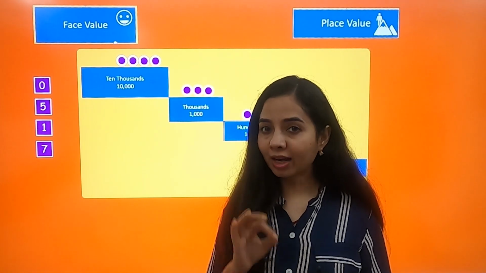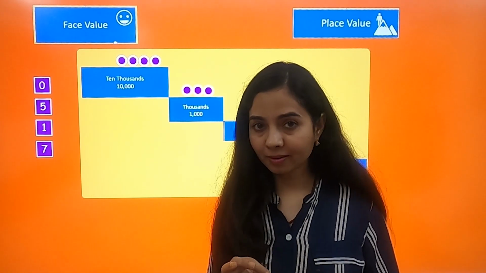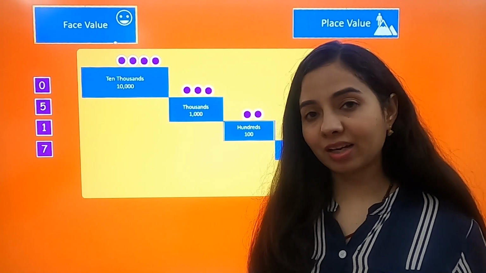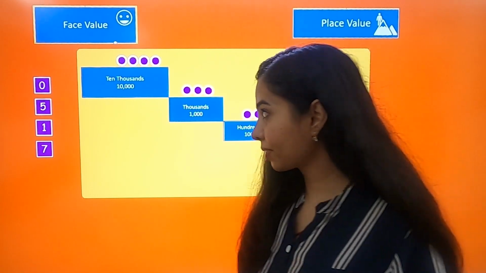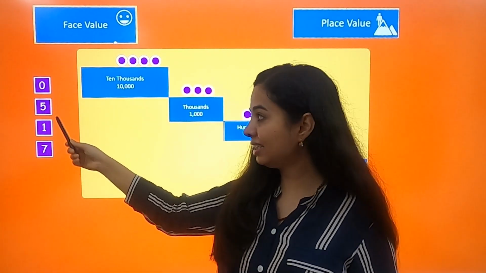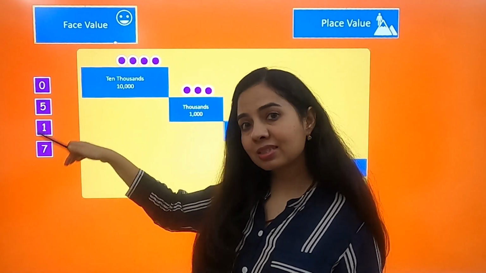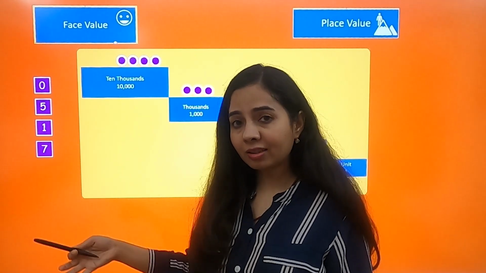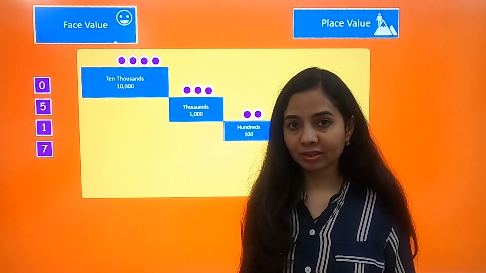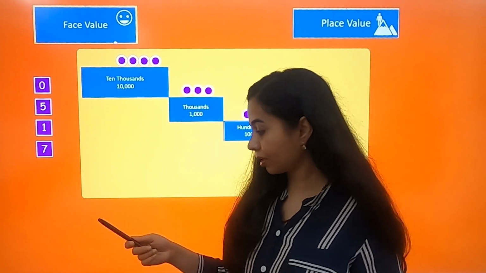That intrinsic value which the digit holds is the face value, right? So if you talk about these four digits, 7150, these values are their intrinsic value. These are their face value.